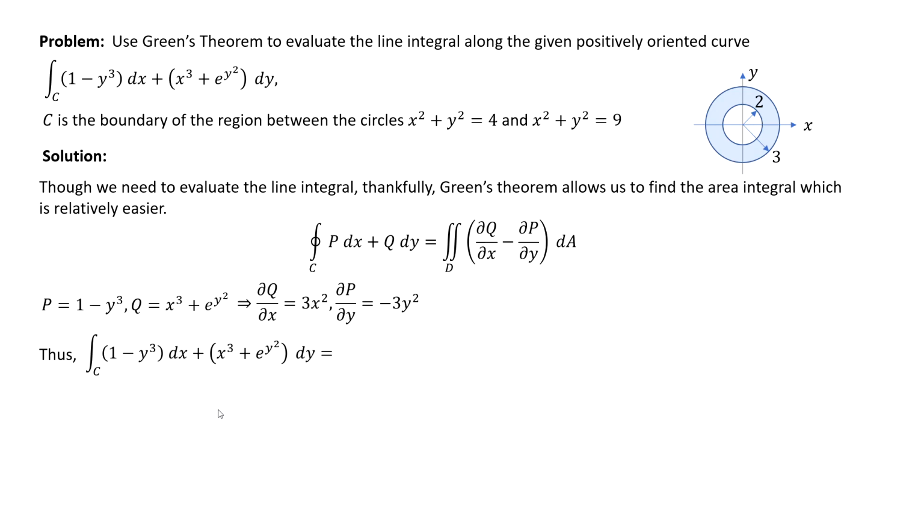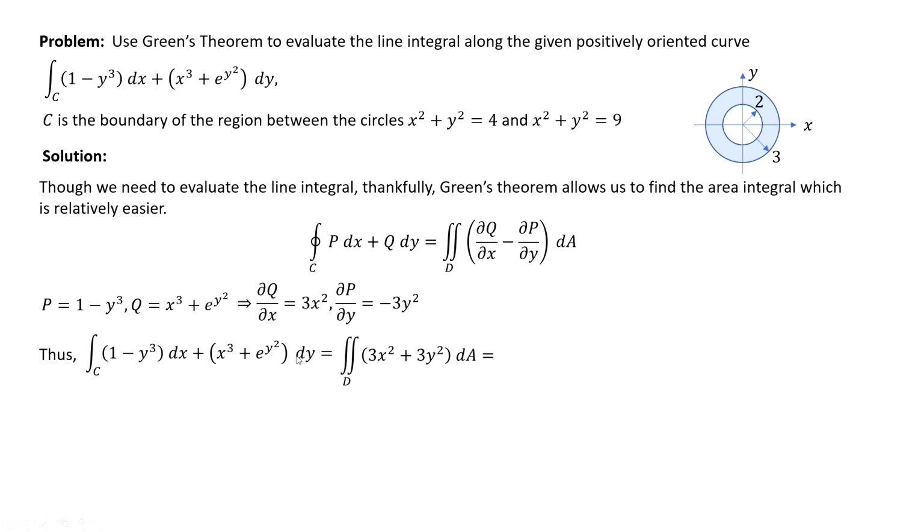Evaluating this over C is nothing but evaluating the integral over the area. So partial Q with respect to x is 3x square, minus partial P with respect to y, negative 3y square, became plus 3y square.